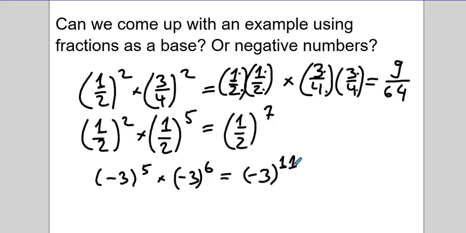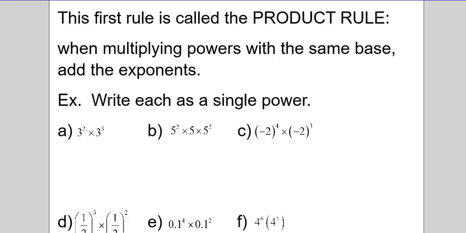Any questions on this? No. This is called the product rule. It just says when you're multiplying powers with the same base, you just add up the exponents.